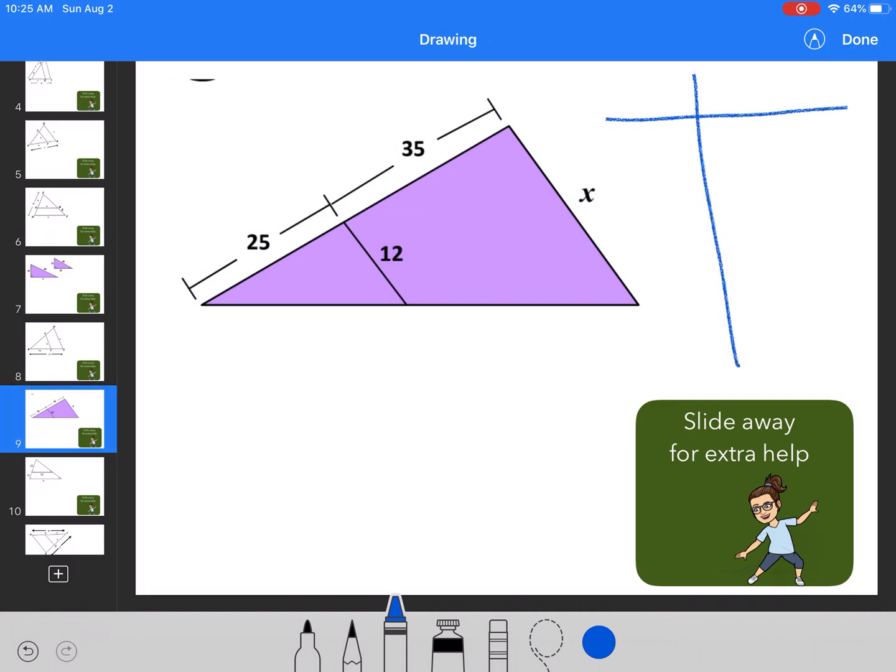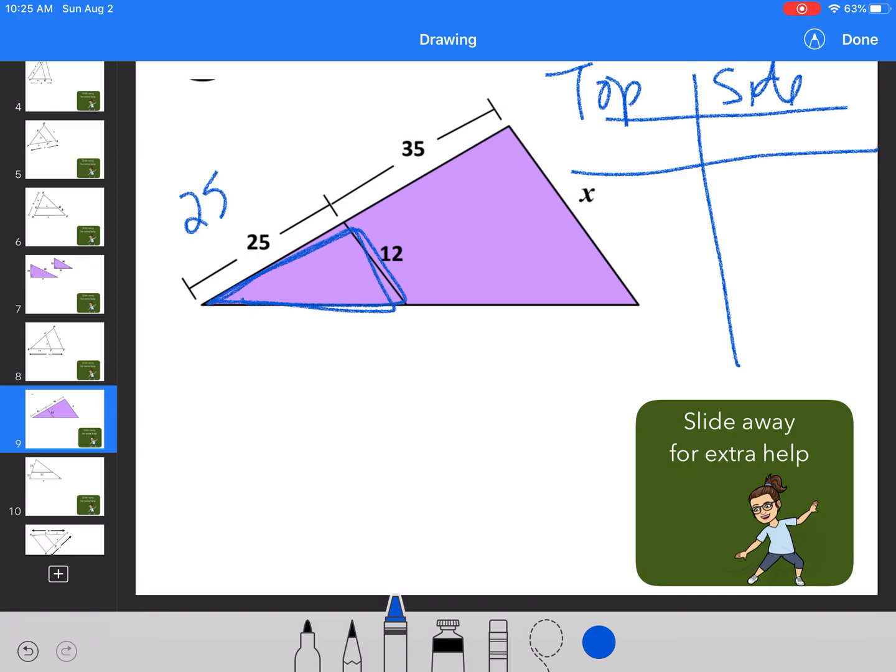So now, same thing. This time I'm going to call this the top. And the side. Now this one's a little bit tricky because I know I have this blue triangle, but then it doesn't give me the whole side length. It says 25 and 35.